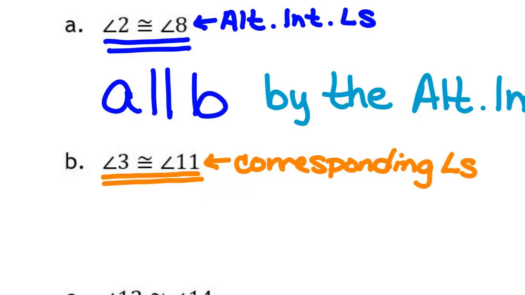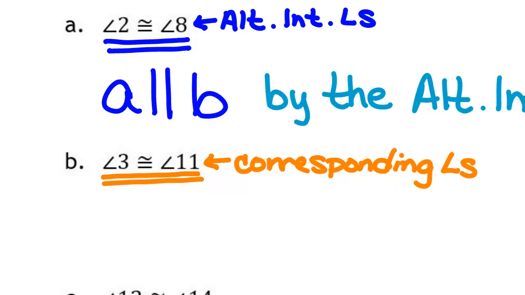They're not consecutive because consecutive you either have to have 2 interior or 2 exterior angles. Interior would be these angles in here, so like 3 and 10, or 4 and 9 would be interior angles. I have 3, but 11 is an exterior angle. So when I have 1 interior and 1 exterior, I check for matching corners. This is in the lower right corner here, and 11 is also in the lower right corner here.